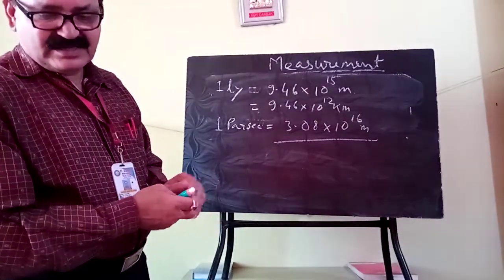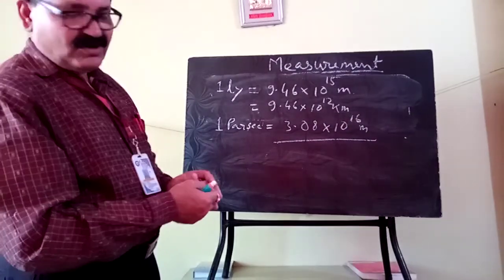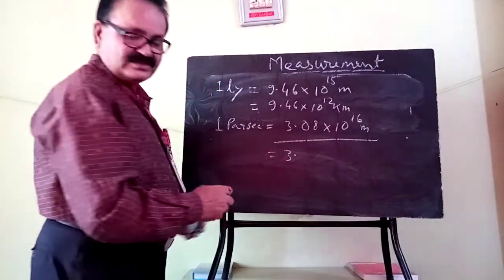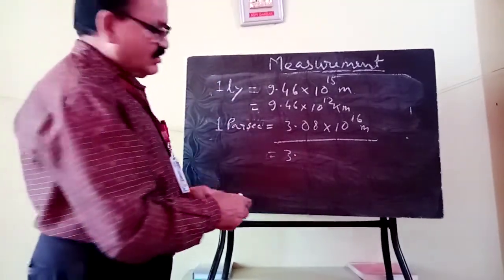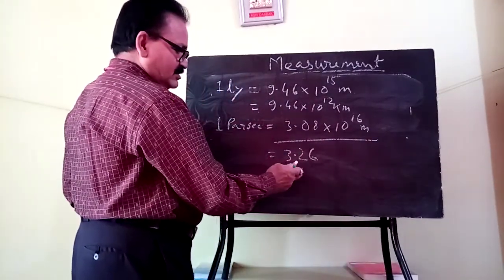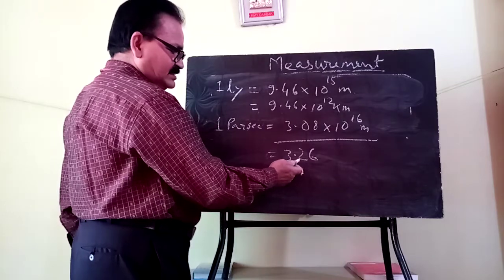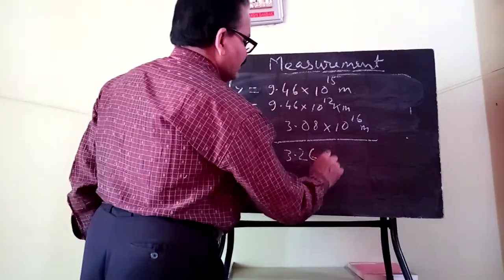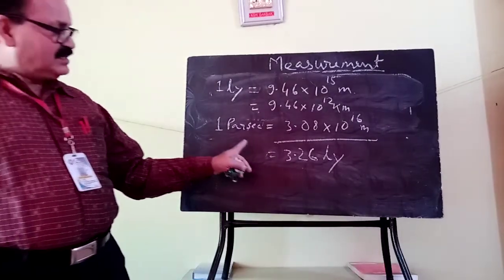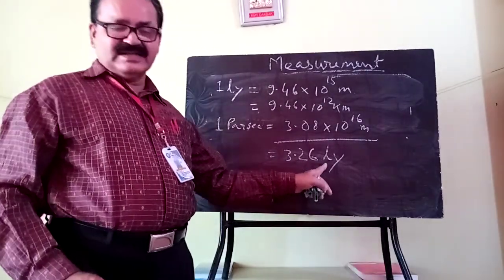3.08 into 10 to the power 16 meter. Or you can say 3.26; in some books it is written 24, but in your prescribed book it is written 3.26 light year. So 1 parsec is 3.26 times 1 light year.